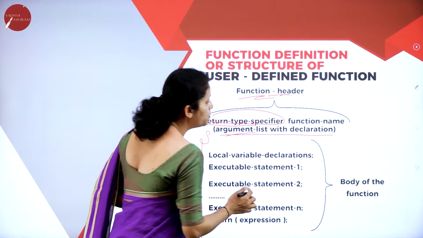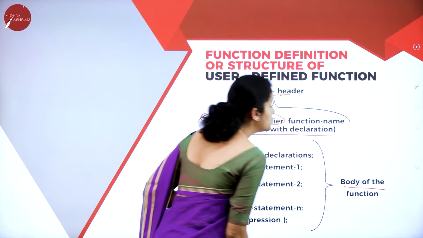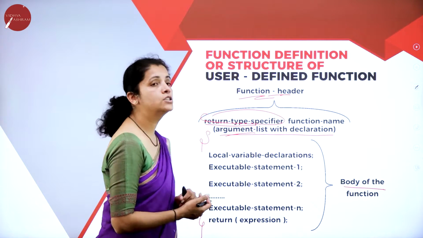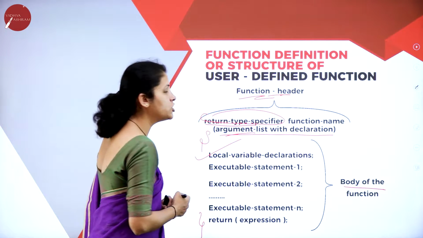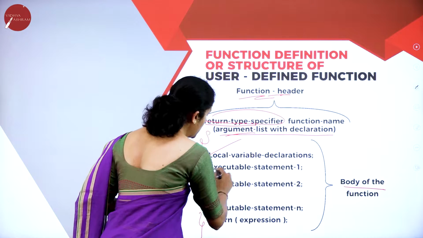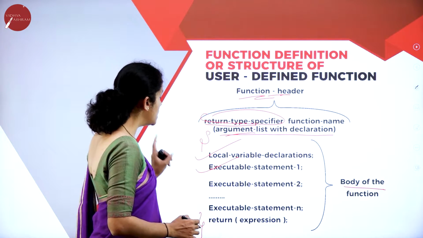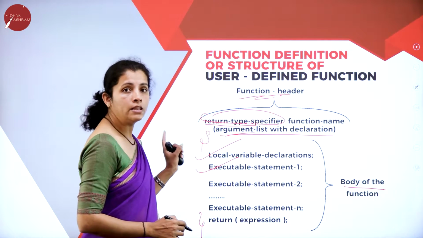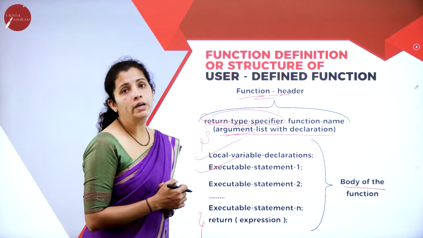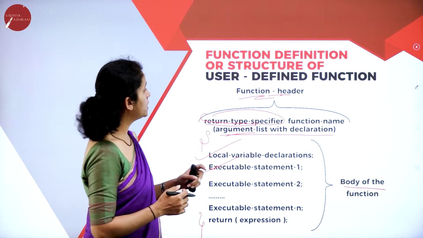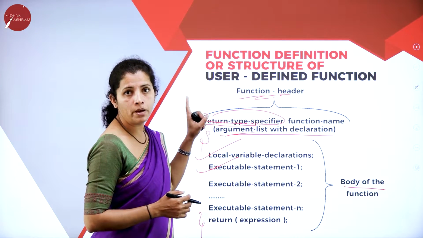Then what about the body of the function? The body of the function includes the local variable declaration as well as executable statements as well as the return. Now tell me, dear student, if I want to declare a function, what are the things I want to remember here?